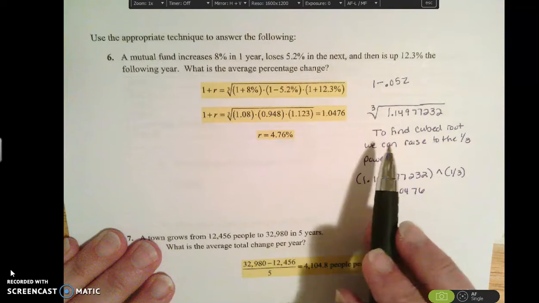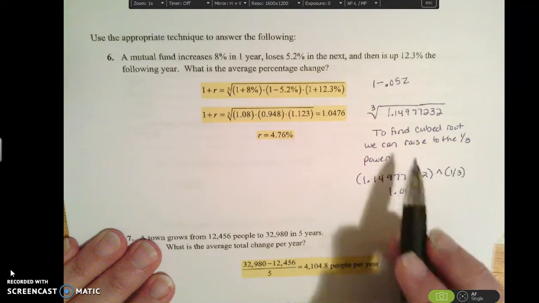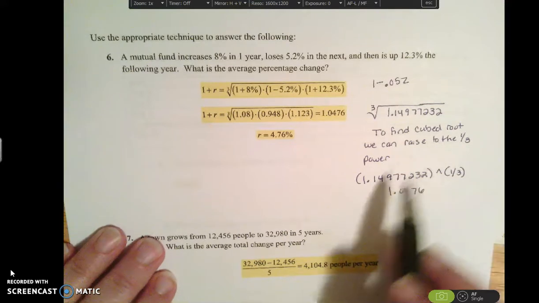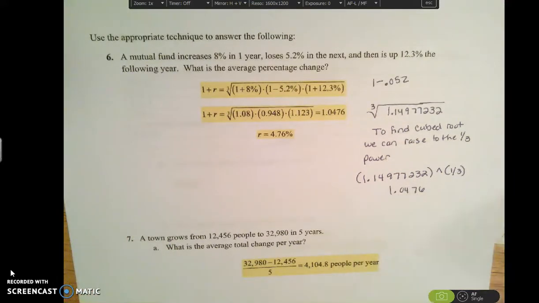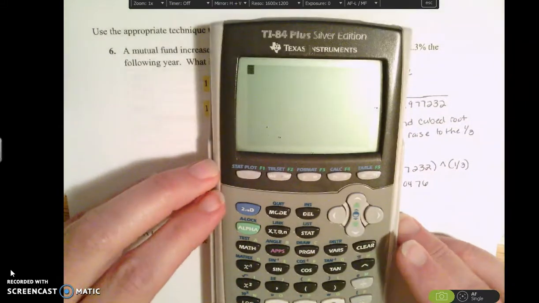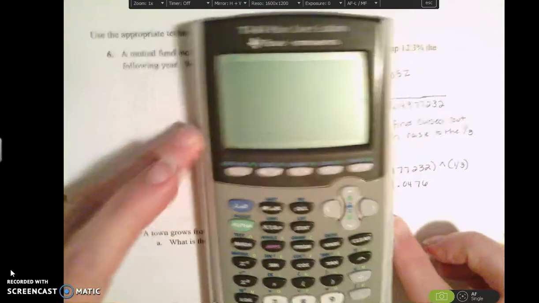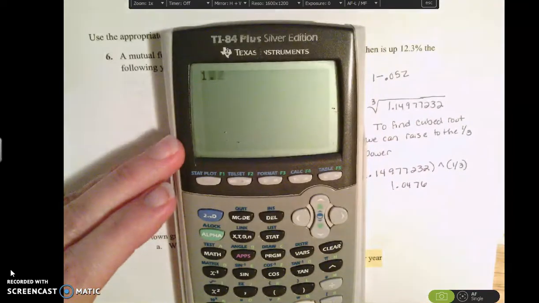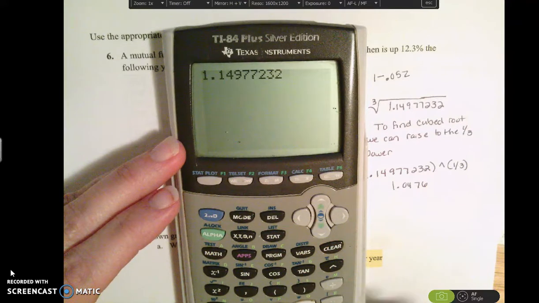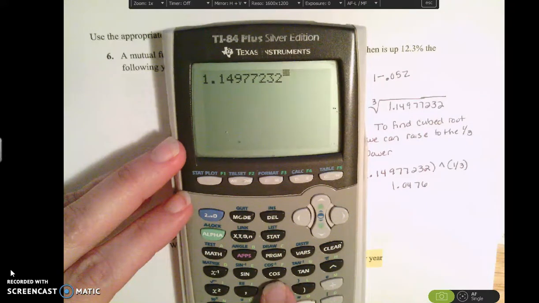How do I do the cube root on my calculator? I use the cube root by raising to the 1/3 power. So I'm going to take 1.14977232 and raise it, using that caret button right there, to the power of parentheses 1 divided by 3.